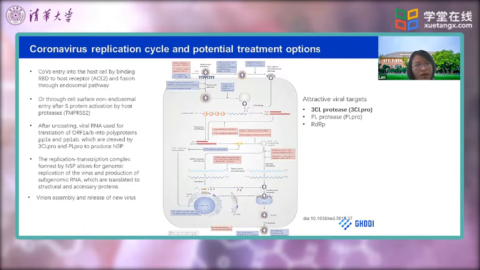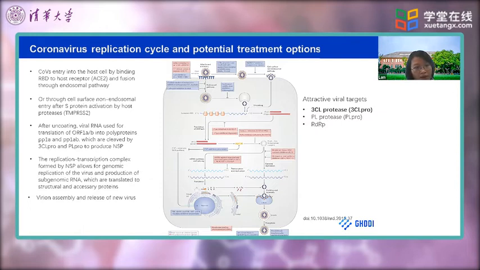The coronavirus can enter the host cell in two different ways. One is through the endosome pathway, by binding the receptor binding domain of the S-glycoprotein to a host receptor like ACE2, which triggers a conformation change and fusion of the viral and host cell membranes.